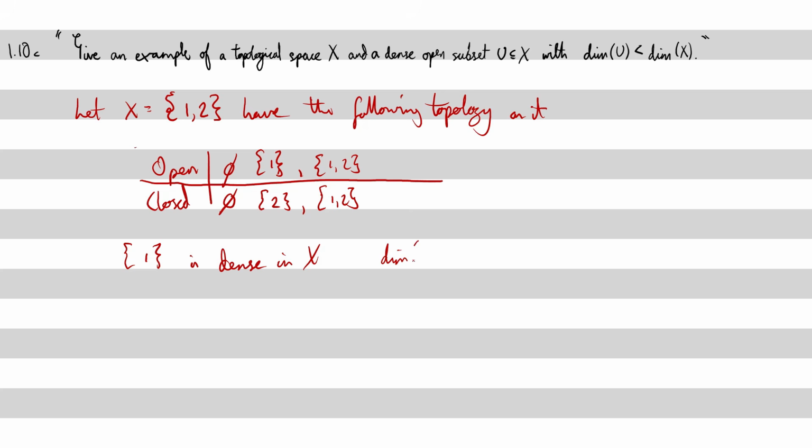Therefore, the dimension of {1} equals 0. Now, the dimension of {1, 2}, well, is greater than or equal to the length of the following.